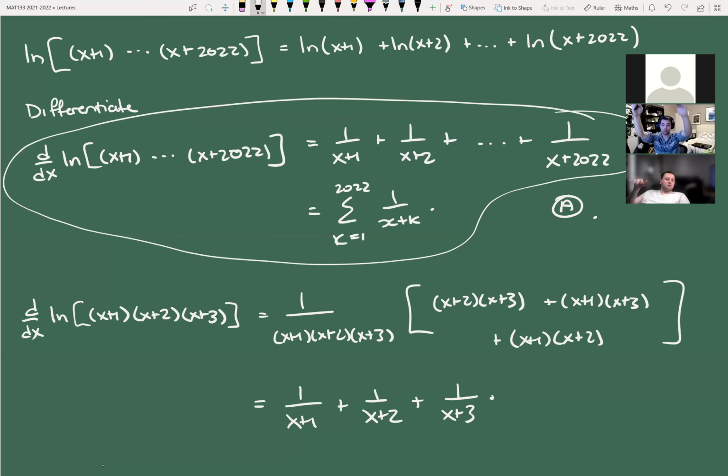Logarithms always take a step down the difficulty ladder. So they take exponents and turn them into multiplication, and multiplication into addition. That's why we want to use them, right? So if you see a log of a big product, that's a good sign that you should probably use logarithmic differentiation.